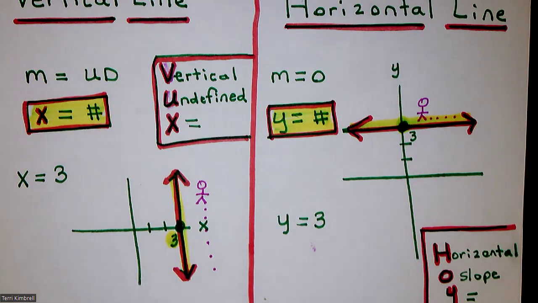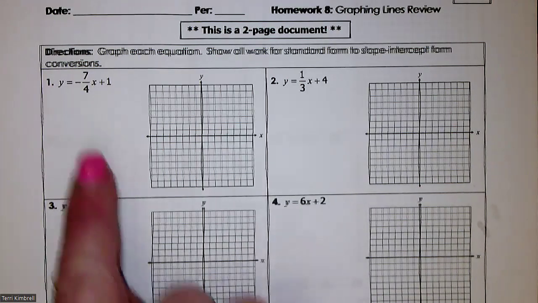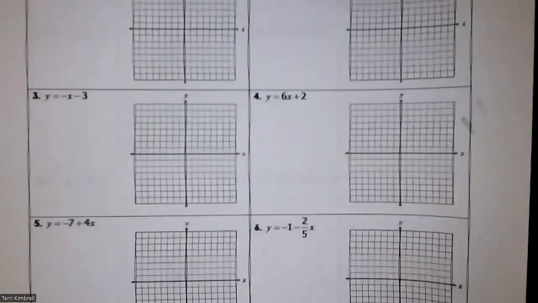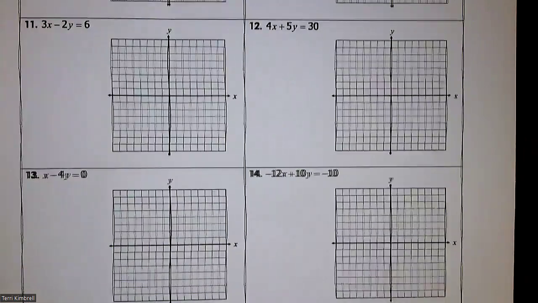So that's pretty easy. So we're going to take a look at the homework part. So you can see that these have Y's and X's on this whole entire page. So we're going to the next page.